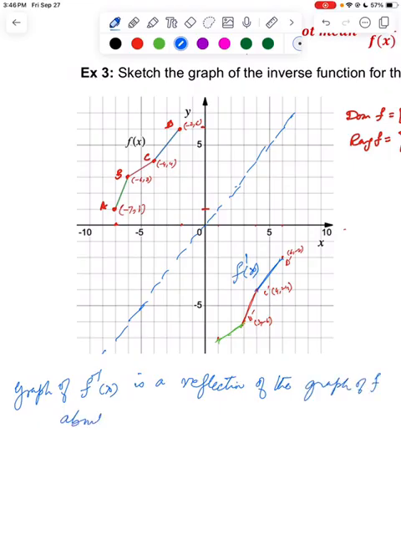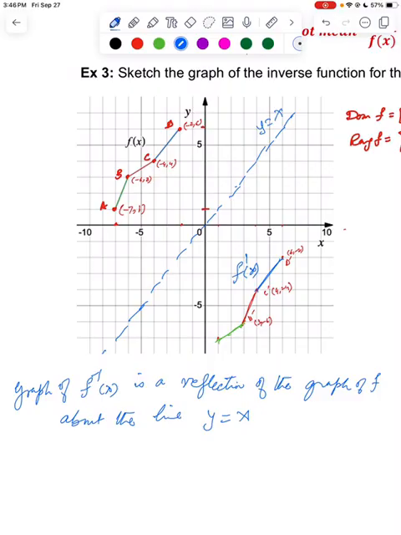So what is the equation of this line? y is equal to x. So this is always true, okay? If we have a function and we want to draw the graph of the inverse function, we just reflect the function about the line y is equal to x and get the graph of the inverse function.